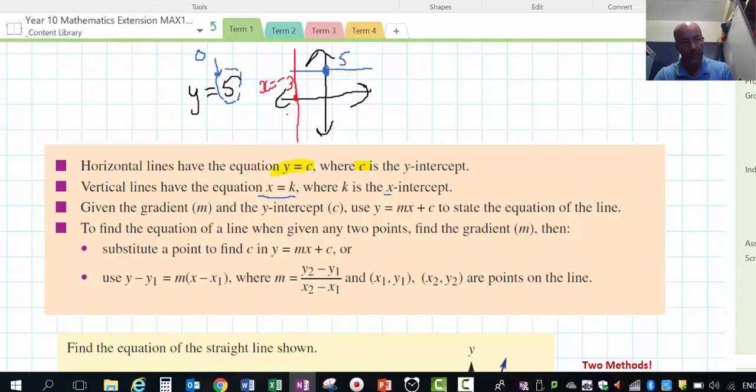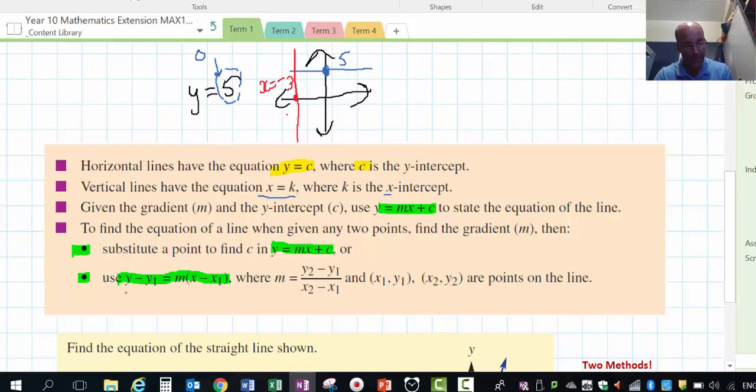Okay, and we're going to use y equals mx plus c in this, and to find the equation of a line given any 2 points, find the gradient. And then there's two ways of doing it. I'm going to show you both of these ways, using y equals mx plus c and then using what's called the point gradient form.